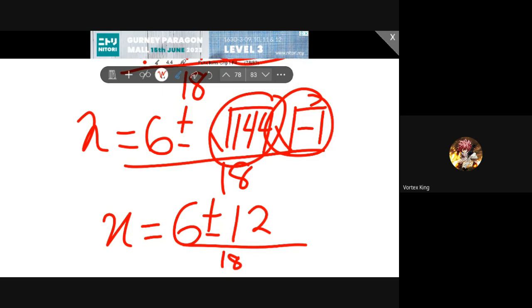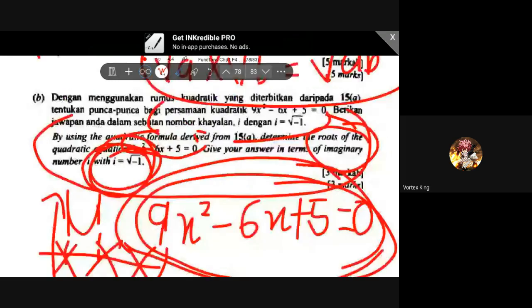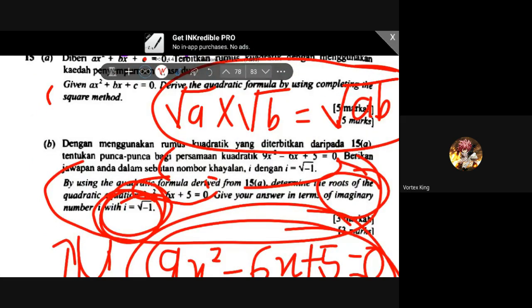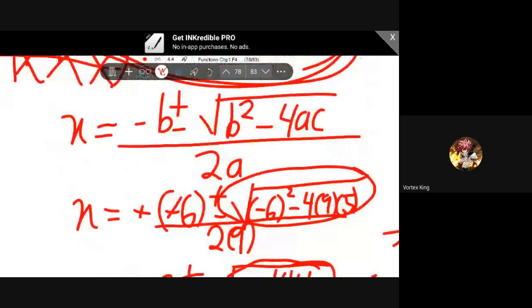What do I continue with the square root of negative 1? The question already told you earlier. Did you see here? Very good.